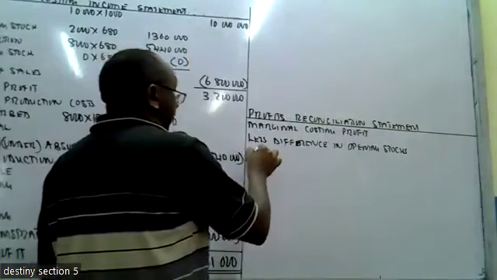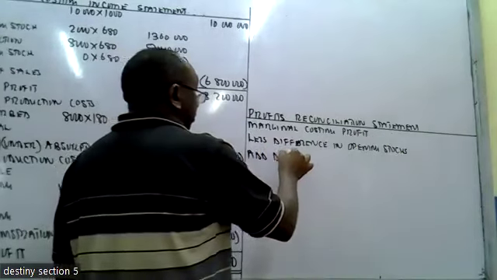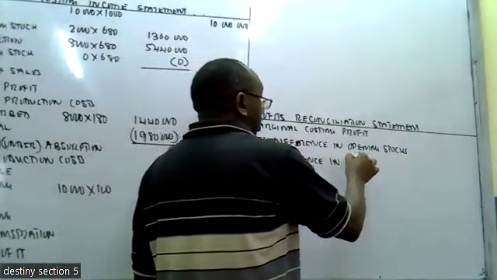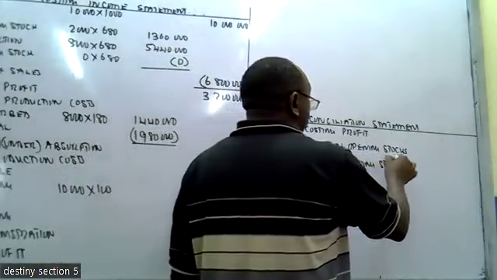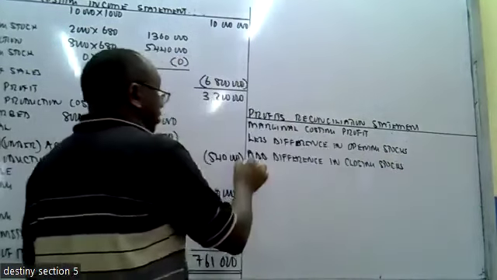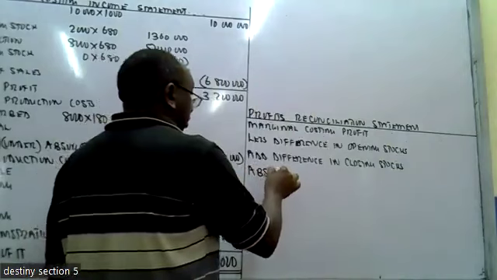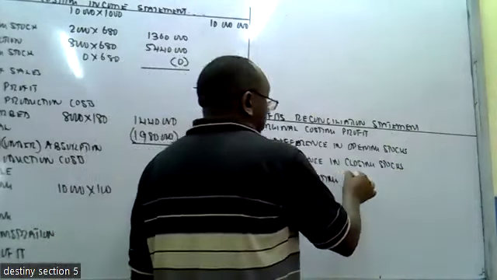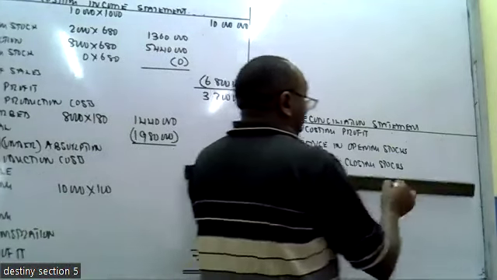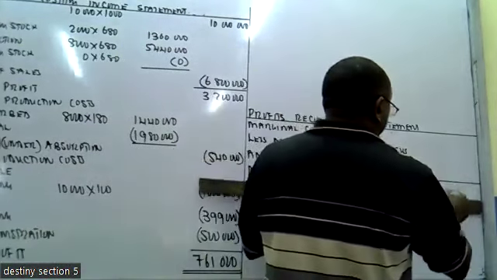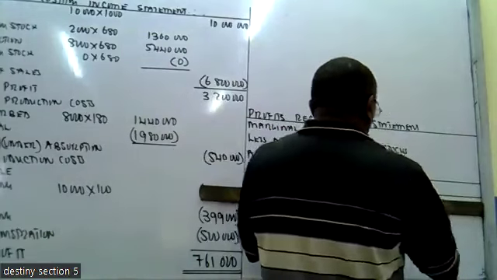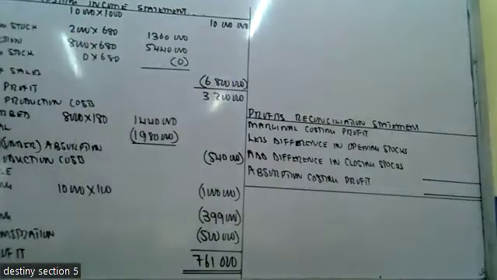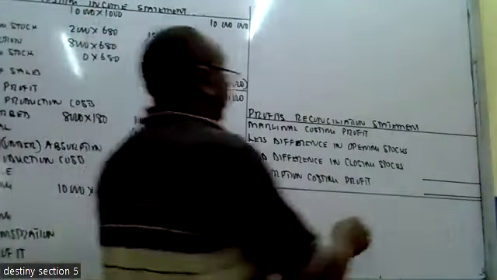You add difference in closing stocks so that you get absorption costing profits. So the absorption costing profit is 761.